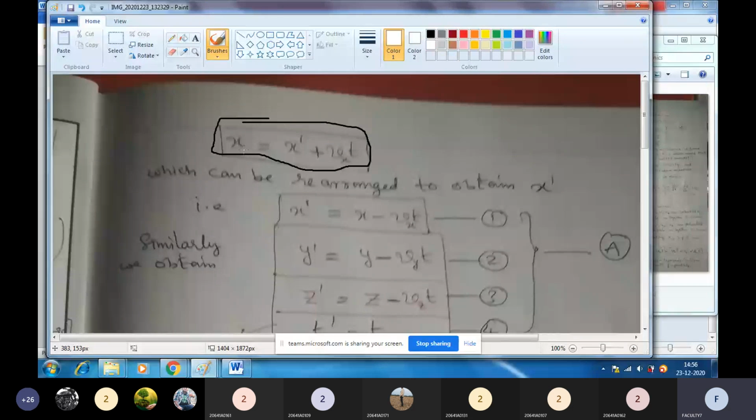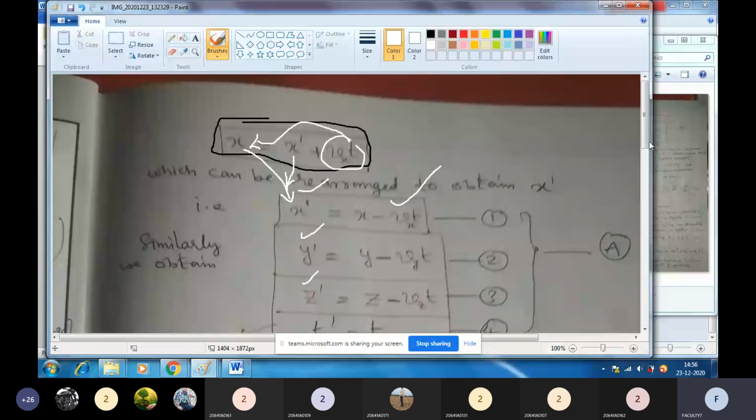Now we are going to rearrange here, just rearranging. We are leaving x prime here, so you are bringing this factor to this side, and you will get the minus. So here you are going to get the expression for x prime. So similarly, you are going to get y prime, z prime.